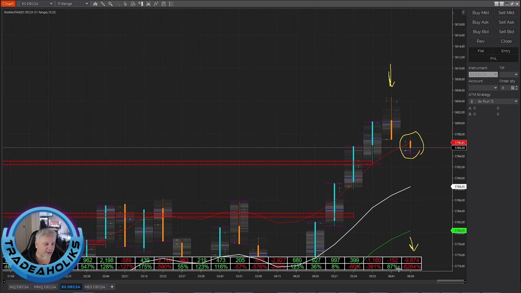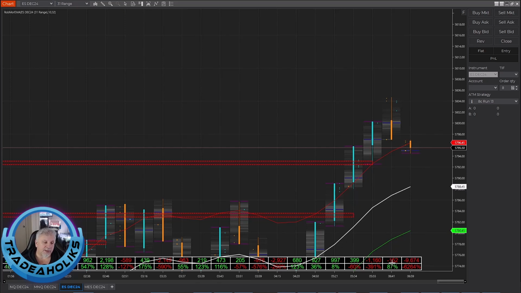Now these figures down the bottom with the percentage next to them tell you, in percentage, how many more sells or buys there were compared to the previous candle.